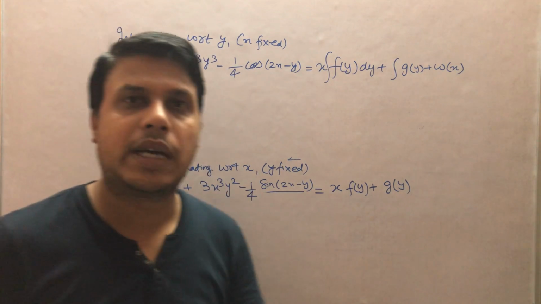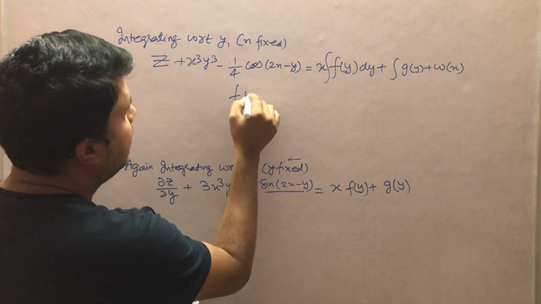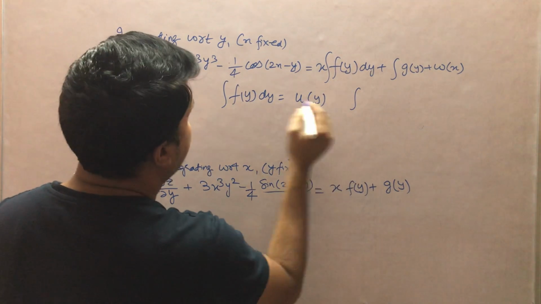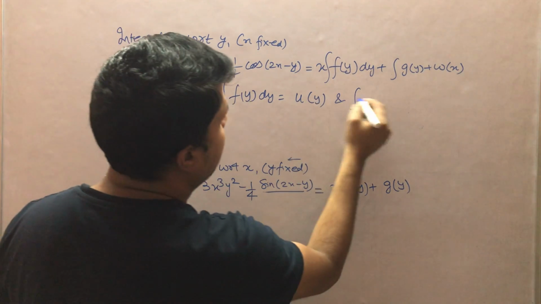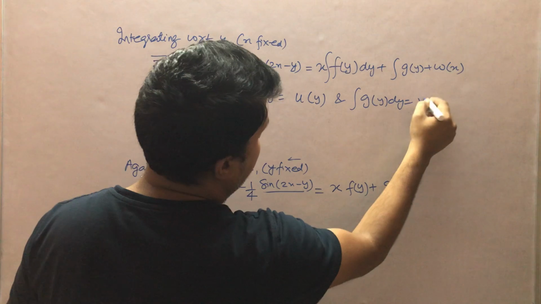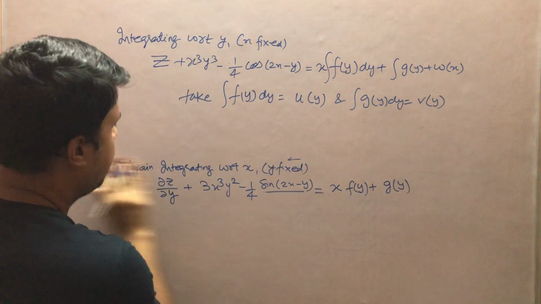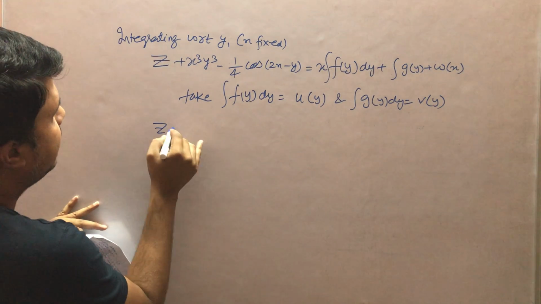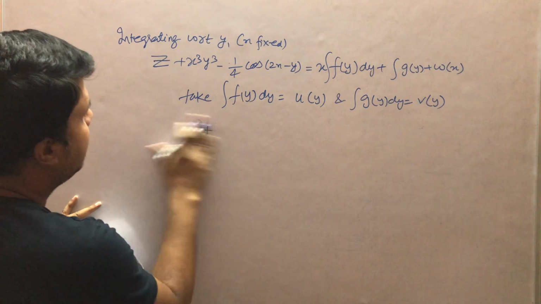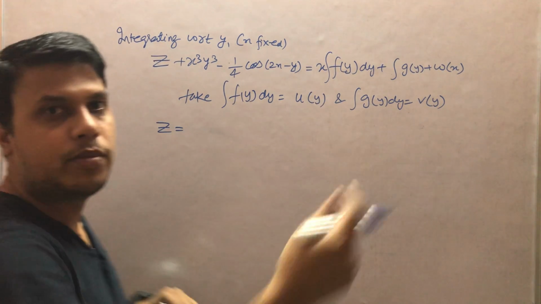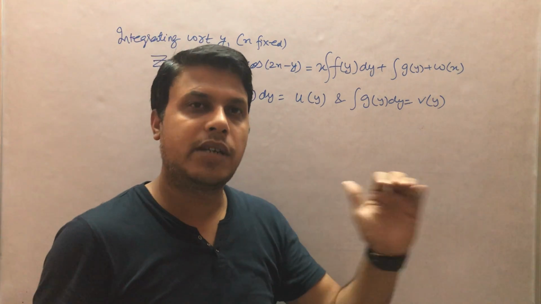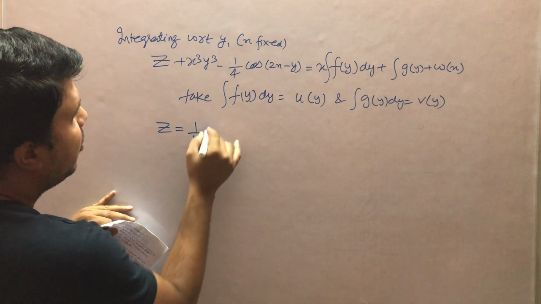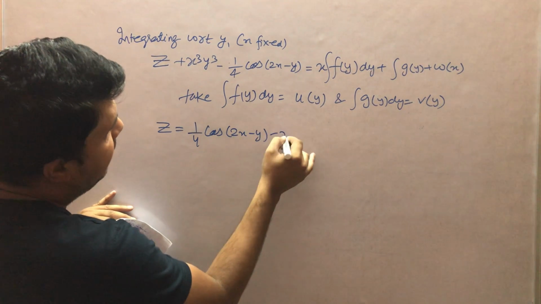Okay, so we are going to have some arrangement like, and if you put these values in the above equation, z equals to, because we want z equals to, like in the normal equation it will be z equals to, because here the dependent variable is z, so z will be equals to 1 upon 4 cos 2x minus y minus x cube.